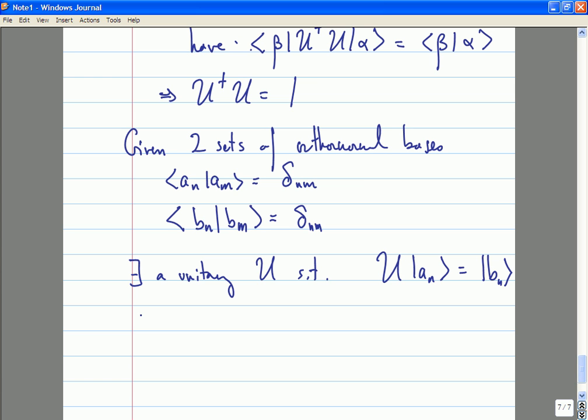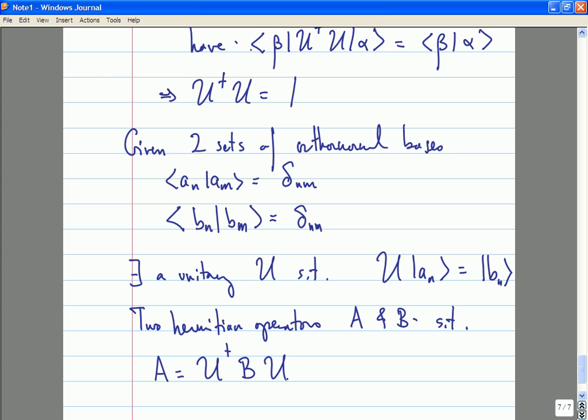Two Hermitian operators A and B, which are related by a conjugation by a unitary operator, so A is u dagger B u, are said to be unitarily related. And they will have the same spectrum.